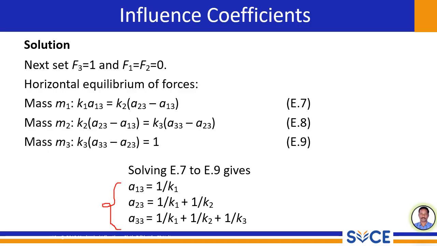These values represent the third column of the flexibility influence coefficient matrix. Specifically, A13 is the displacement of mass 1 due to unit force at mass 3. A23 is the displacement of mass 2 due to unit force at mass 3. A33 is the displacement at mass 3 due to unit force at mass 3.